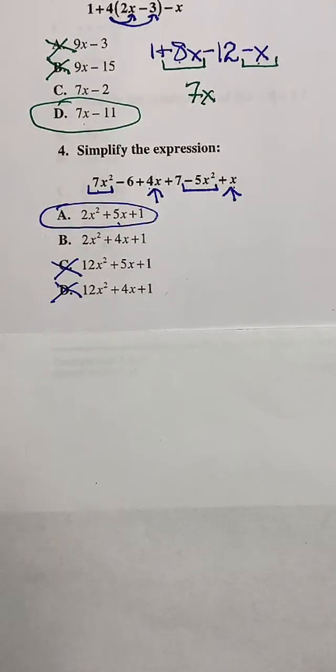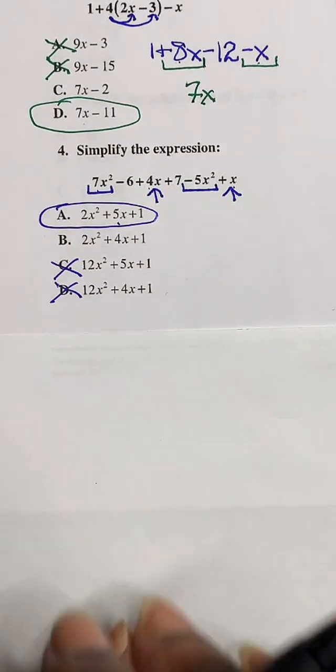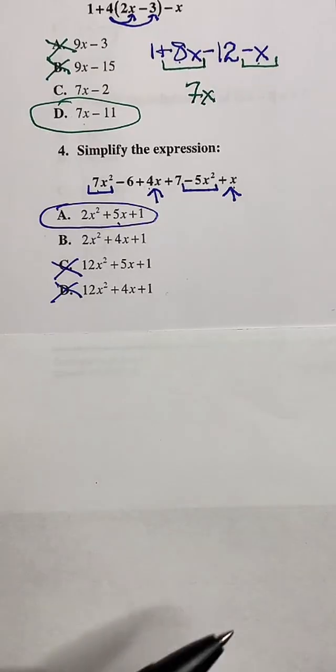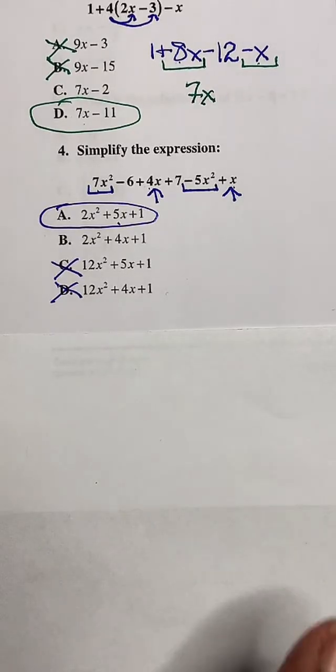Notice I didn't do the whole entire thing. I know you guys want to, but when you take a standardized test like the GED, I'm going to emphasize this: if you are currently in the classroom, you need to show all your work because your teacher will actually look at that work to see if they can give you partial credit.